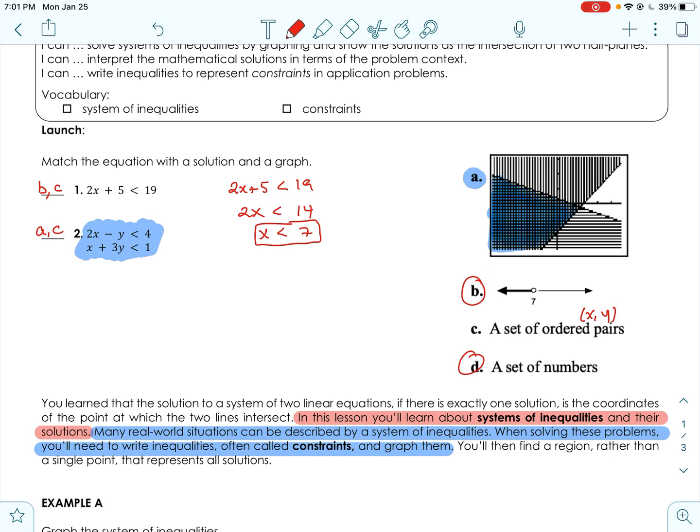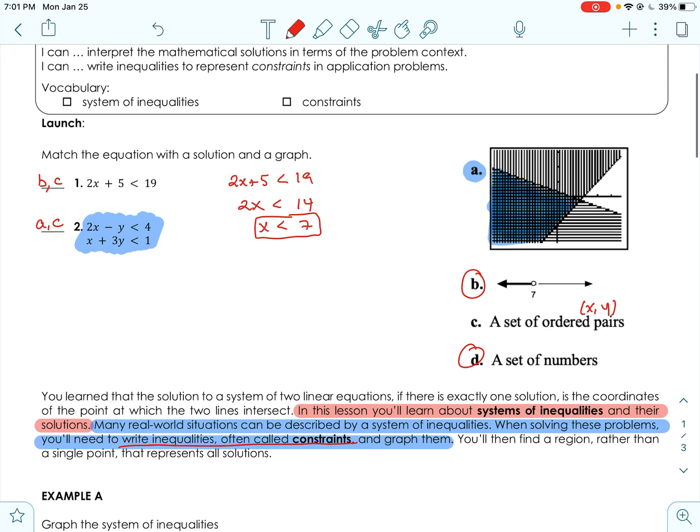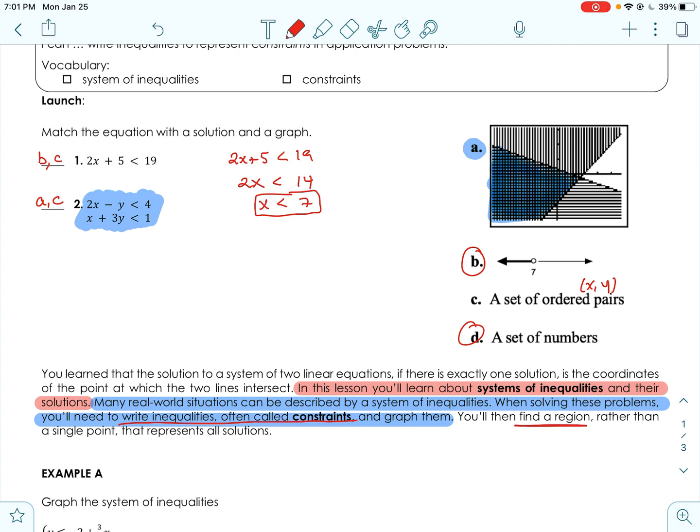And then we're going to look at a couple problems where we have to set up the system of inequalities based off of a word problem. When we're solving these word problems, you're going to need to write the inequalities, and these inequalities that you're writing are called constraints. After you write the inequalities, you graph them, and you're going to find a region instead of a single point that represents all the solutions.